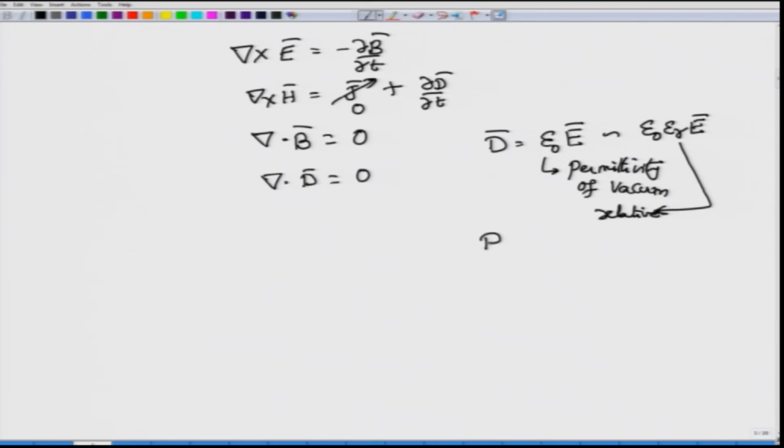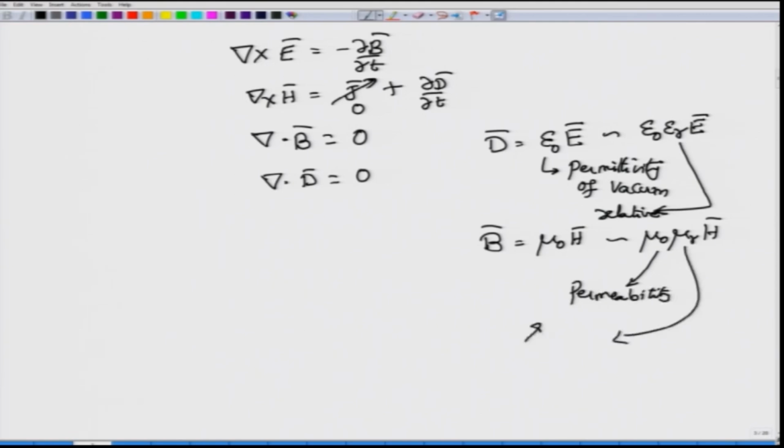Similarly, your B is related to H by mu 0 H for the vacuum case, and for the non-vacuum case it is very complicated, but one possible way of representing it is to write it with the relative mu r. Mu 0 is called permeability and mu r is called relative permeability, relative again with respect to vacuum.